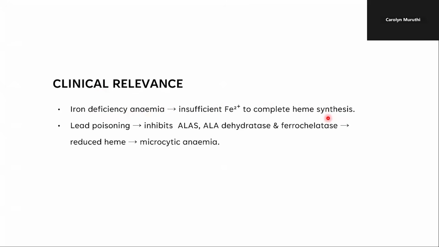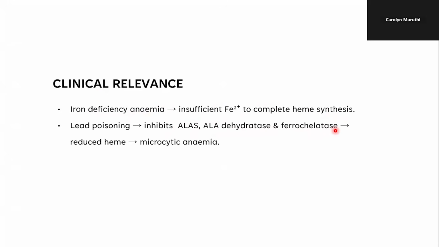Lead poisoning also inhibits some enzymes in the pathway, including delta aminolevulinic acid dehydratase, which catalyzes the first step of the pathway. It also inhibits ALA dehydratase and ferrochelatase, which is the enzyme catalyzing the final reaction of the pathway.